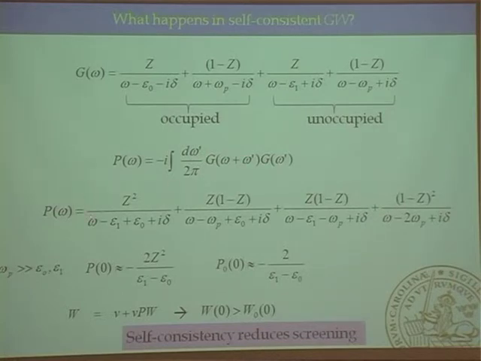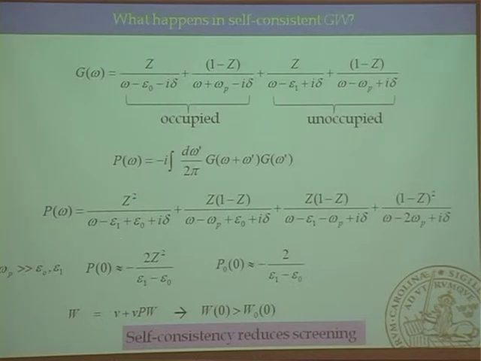We see that the polarization function now has 4 terms, and the largest is this one here, because the other terms involve omega p, which is much larger compared to epsilon 1 or epsilon 0. So these terms are relatively small compared to the first term.